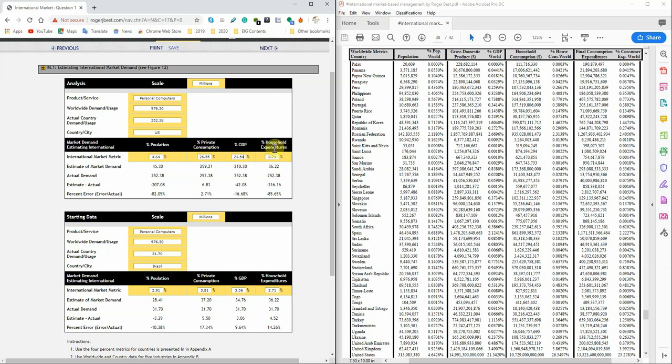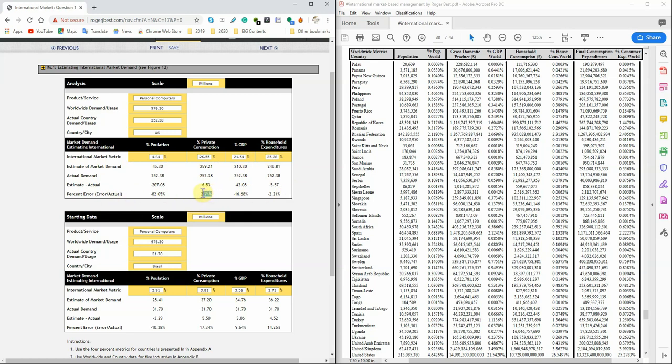And last, the percentage of household expenditure, the last column, is 25.28. So the calculated market demand estimates are here, and this is the constant actual demand, and the percentage of error is these.